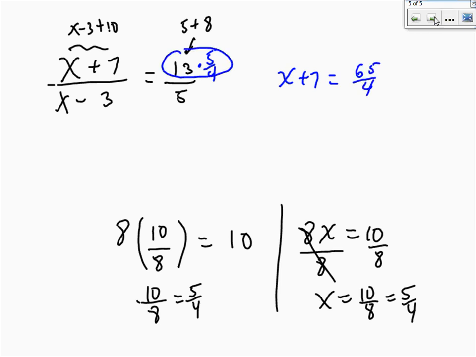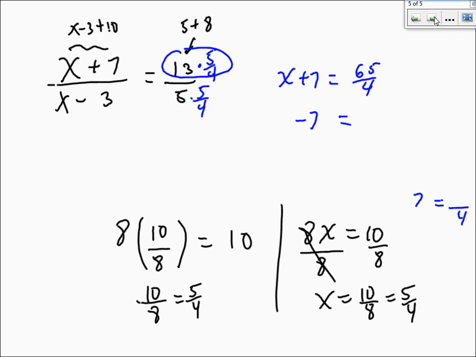I'm doing the same to the bottom. Okay. So I'll take away 7, but over here, I want to write 7 with the 4 on the bottom.